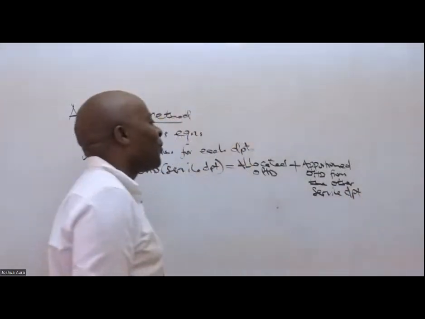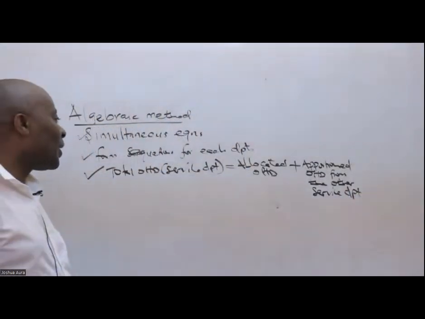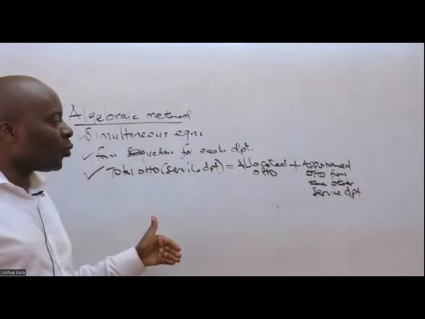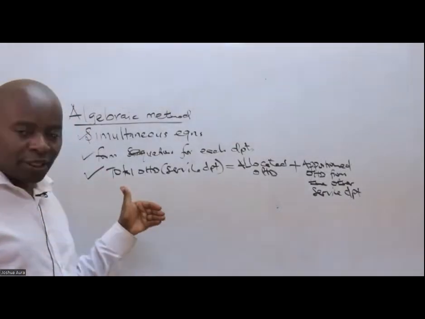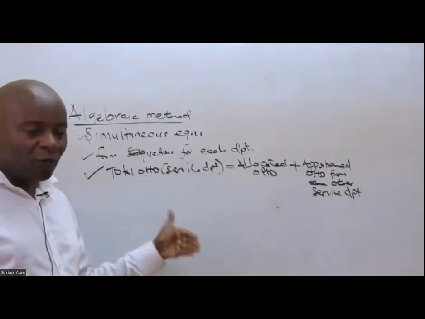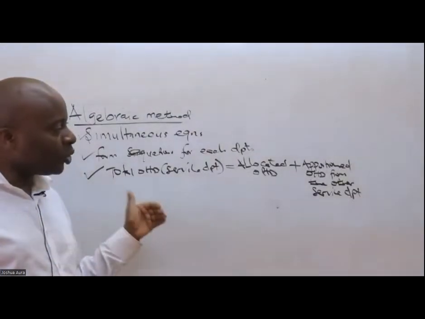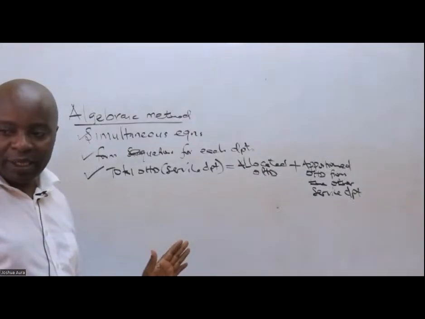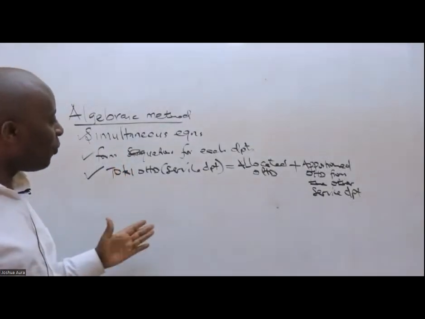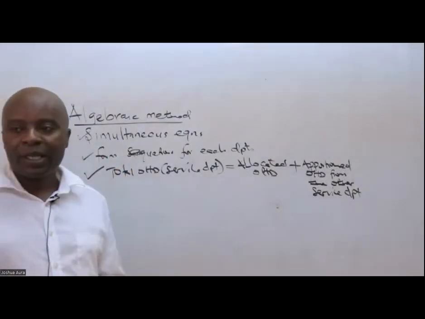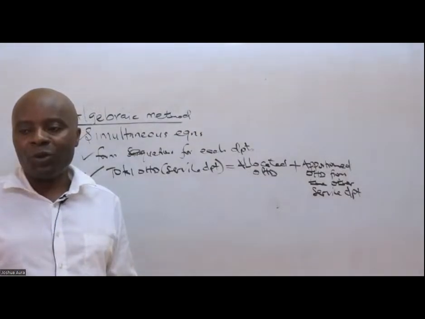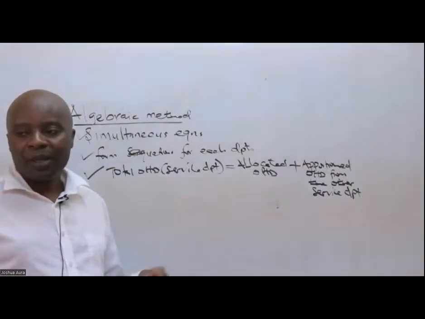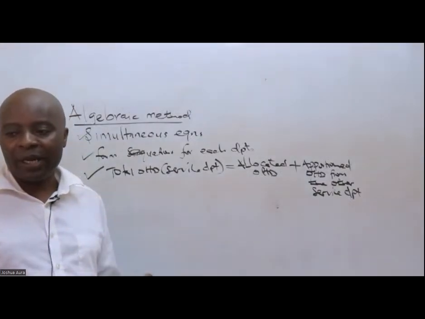Quite an important equation. Anytime they want us to get the total overhead of a service department, we take the allocated overhead plus the apportioned overhead from the other service department. Please let me know whether you've been able to write up to here. Thank you so much. Great.